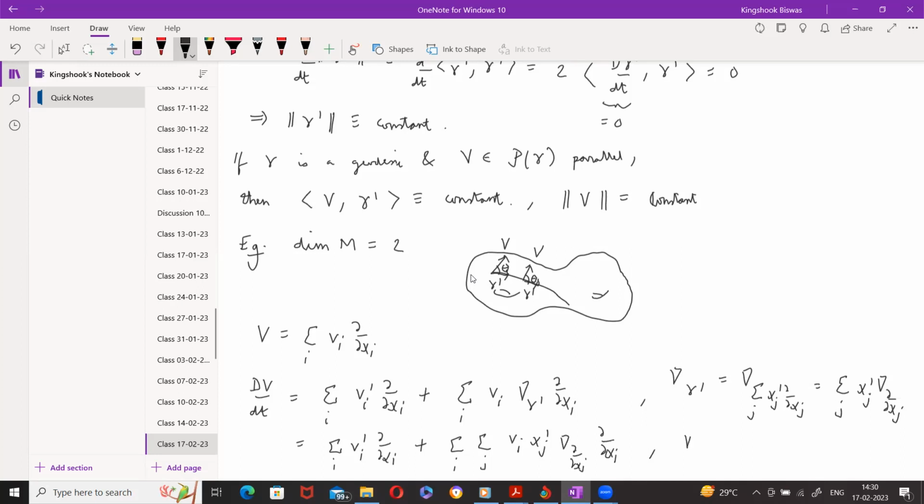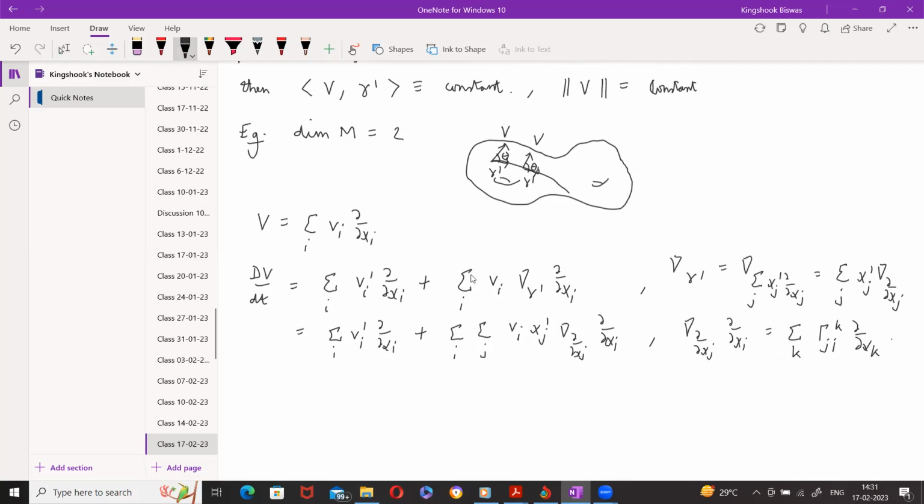And then you use the fact that nabla del/del xj of del/del xi is the sum over k of Gamma_ji^k del/del xk, by definition of the coefficients of a connection.